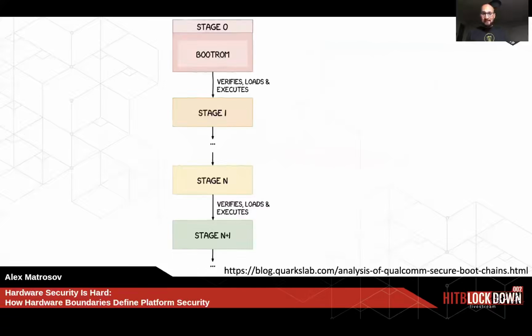Think about it: we have this stage 0 boot ROM, which verifies, loads, and executes stage 1, stage N, and stage N+1. If any of these layers has its own vulnerability, and we exploit it after the validation of the level, the root of trust is basically transferred to this stage.